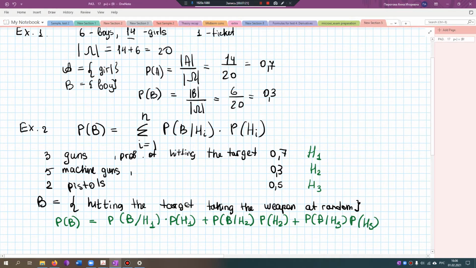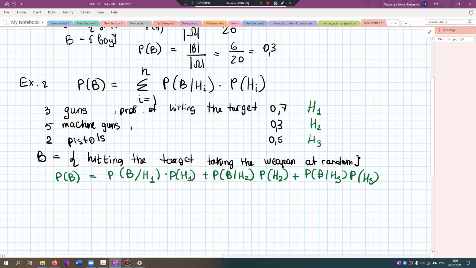Now we just need to compute the probabilities. The probability of B under H1, hitting the target by a gun, is given, it is equal to 0.7.